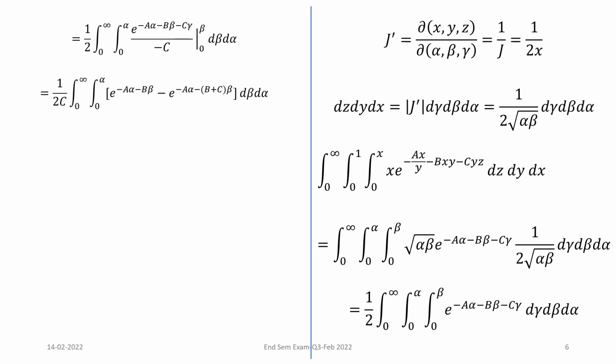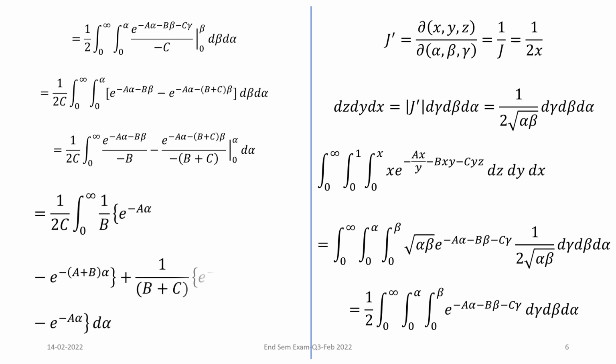Now we integrate with respect to beta. Here 1 upon 2c, c is taken outside. So this we get by integration with respect to beta. You can verify your answer.